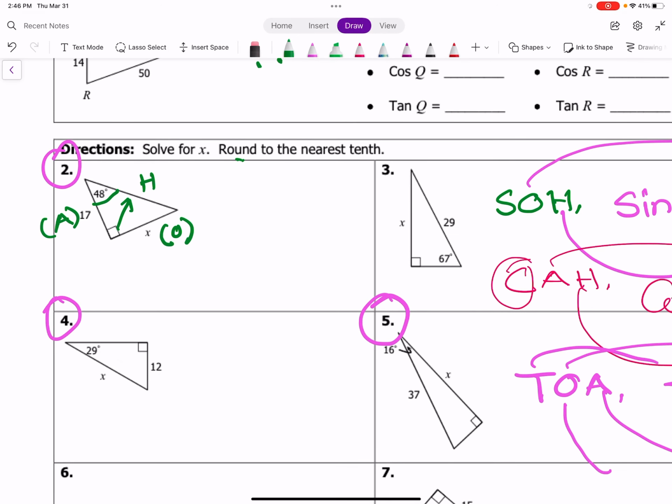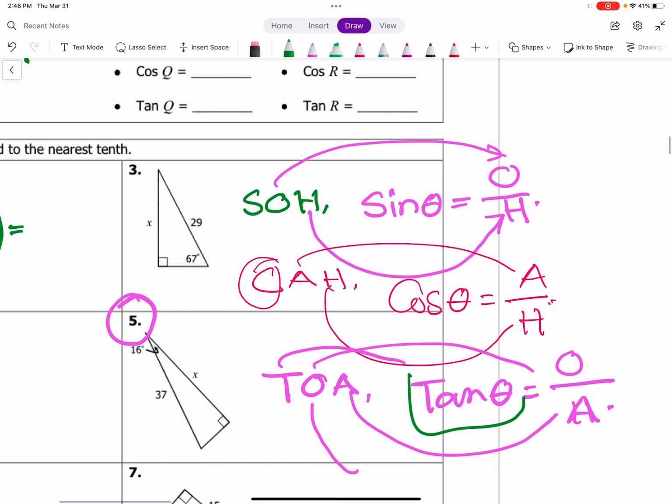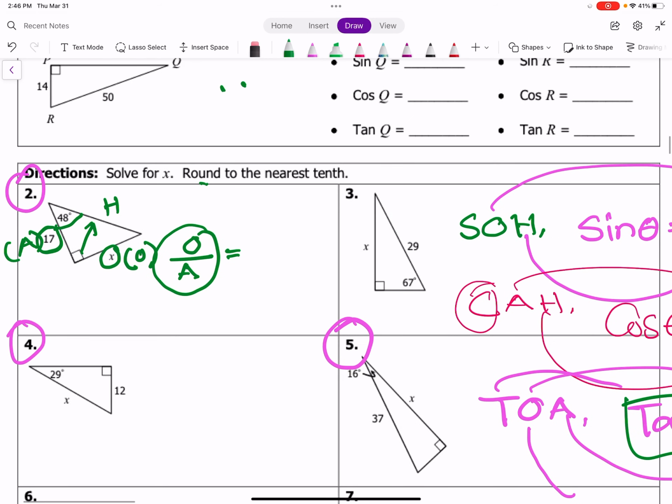So once you see that, you need to find x. That's opposite, and you are given adjacent. What kind of relation is opposite and adjacent? That's our tan. So you say tan, and the value of theta is the angle, that's 48. Now let's replace those.